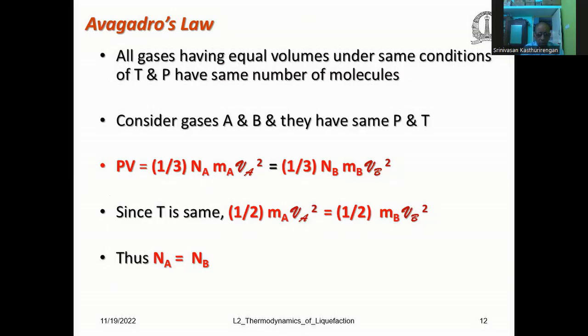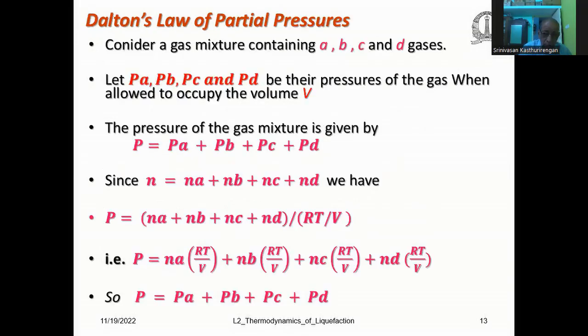So 1/3 Na Ma Va square should be equal to 1/3 Nb Mb Vb square. Since we already know half Ma Va square is equal to half Mb Vb square, because the temperature is the same, the kinetic energies have to be the same. If you substitute this in the above equation, you find Na should be equal to Nb. That means the number of molecules has to be the same for both cases.